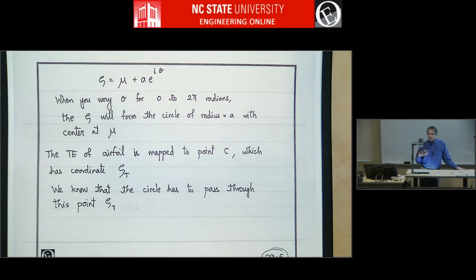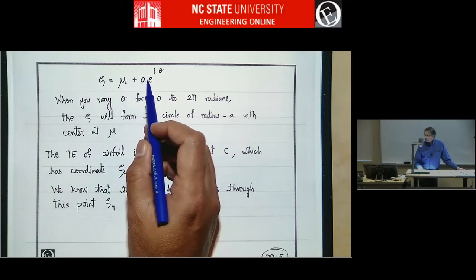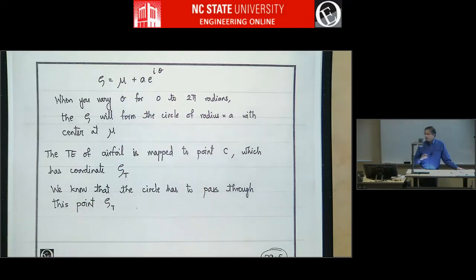So if this is hard to imagine, just go to MATLAB and put one complex number here, another complex number here, and put various values of theta and plot it, and you will see that it's a circle, right? For some people, these are very hard to visualize, and one of the easy ways to start absorbing this is to go to some software and plot it.